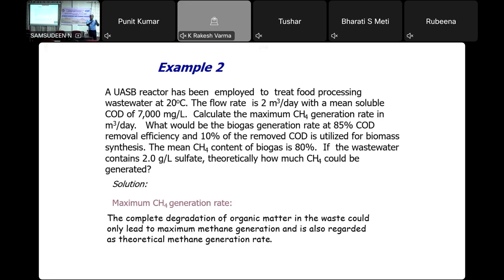And it's not that some of those are still in fatty acid form. You are assuming everything is completely converted to methane. So in that scenario, the waste could lead to maximum methane generation, and we call that theoretical methane generation rate. So we are assuming everything is converted to methane. Okay, all right. Next step.